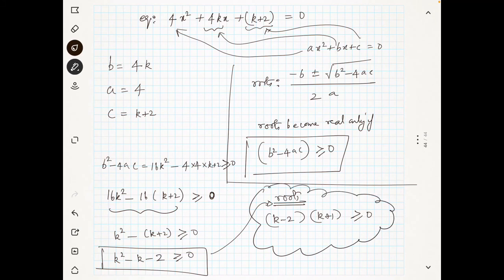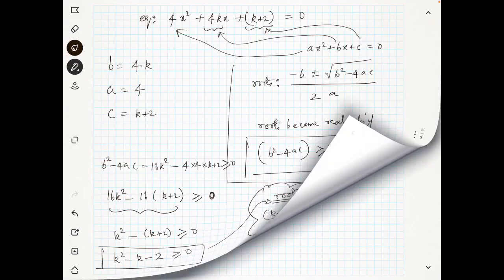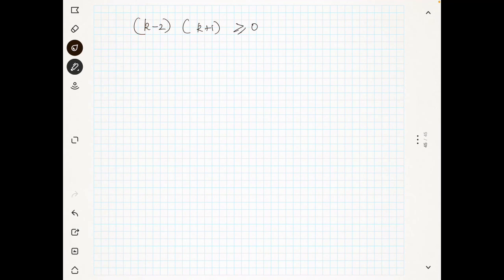So I will write it on the next page. k minus 2 multiplied with k plus 1 should be greater than or equal to 0. That means your k has different choices.